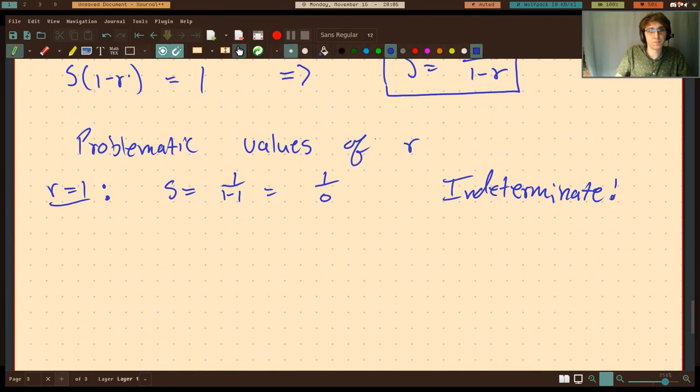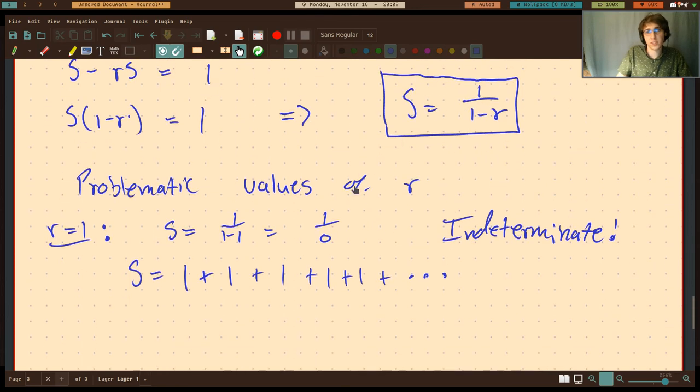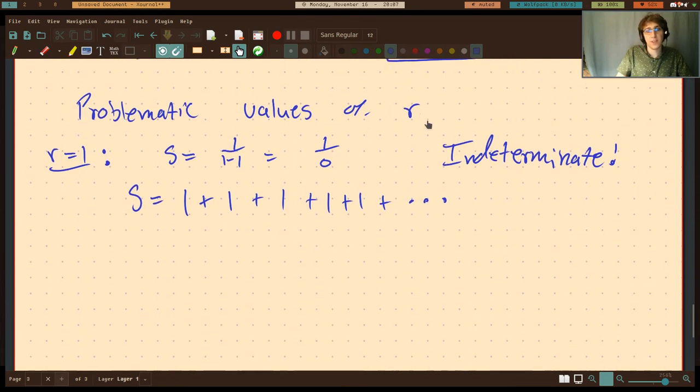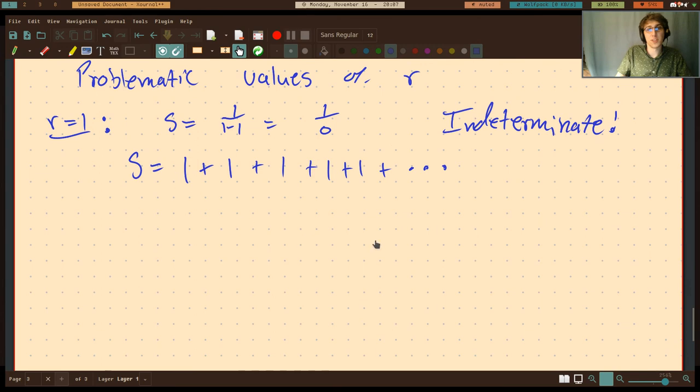And we can kind of see that by writing out s in this case. If r is equal to 1, we get 1 plus 1 times 1 plus 1 times 1 times 1 plus, you know, 1 plus 1, and that goes on forever. So in a way, our formula tells us that it blows up, which is what we find.